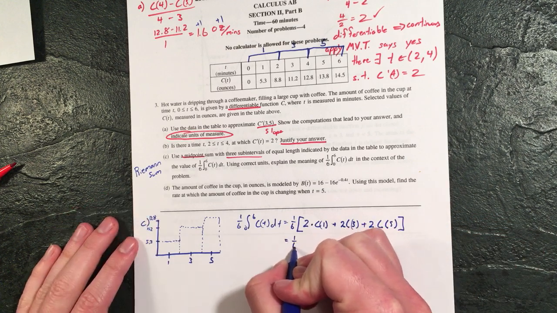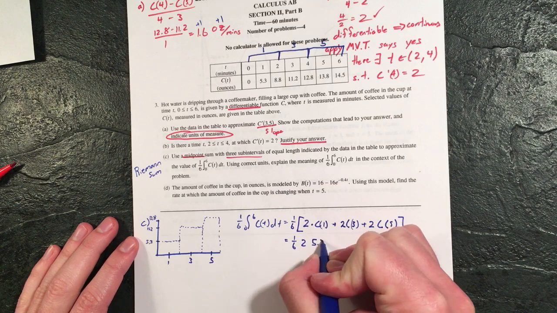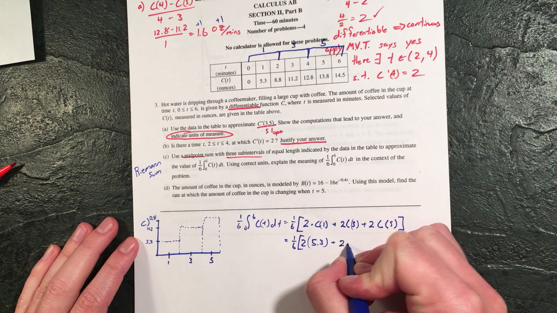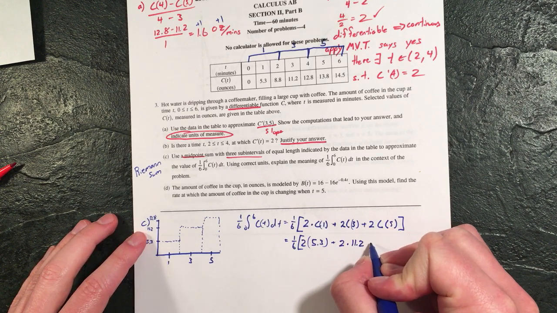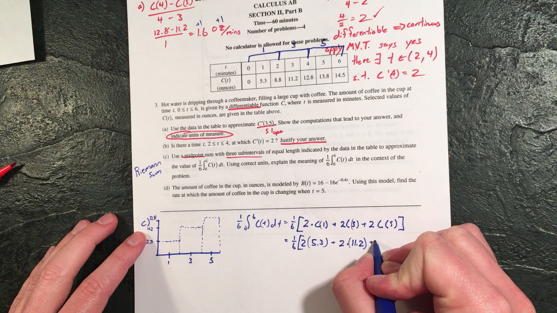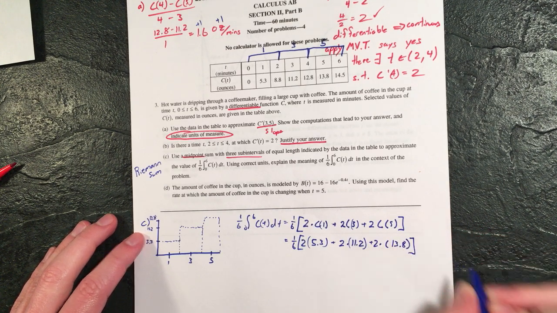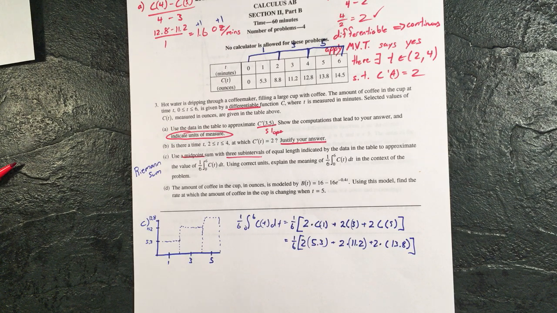Let's plug these in and see what we're getting. 2 times 5.3 plus 2 times 11.2 plus 2 times 13.8. And I'm not really looking forward to multiplying all those by 2.